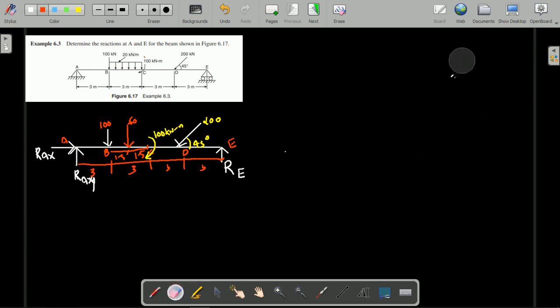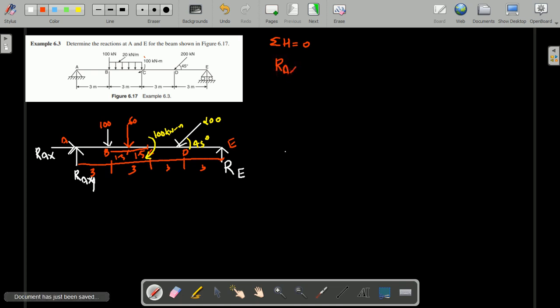Now you need to apply the equilibrium conditions, and you need to find out all the support reactions. So what is the equilibrium condition? First, summation of horizontal force is equal to 0. So just see in the figure how many horizontal forces are there. RAX is one horizontal force we are having, and remaining are vertical forces.